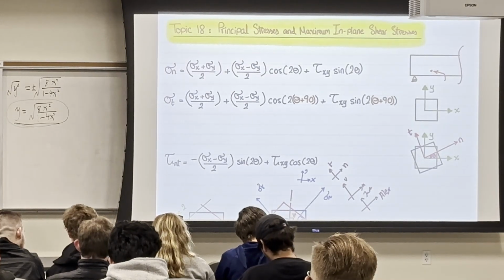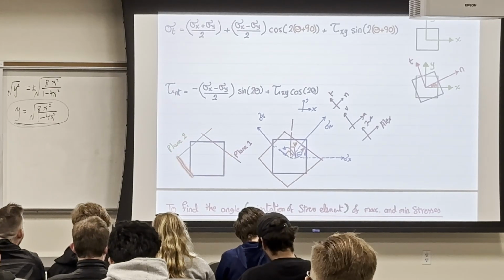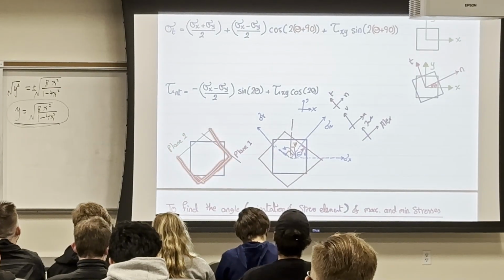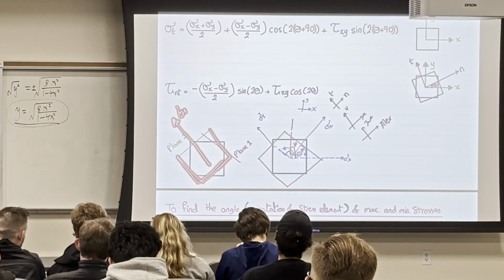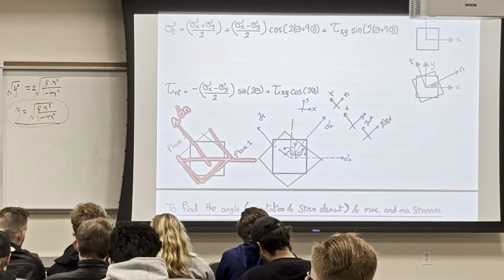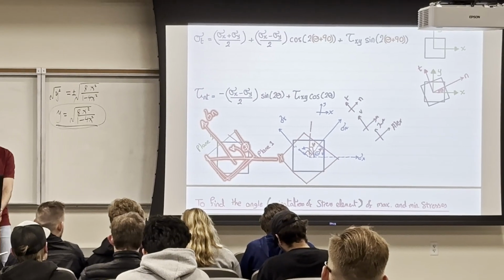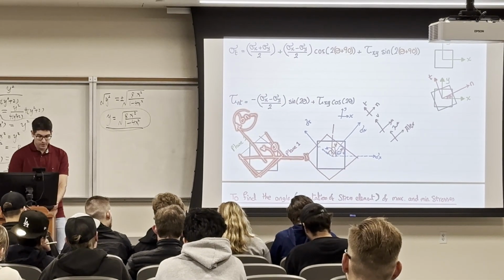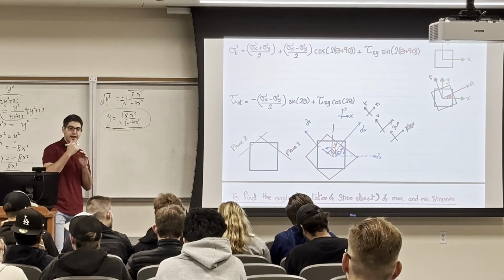For plane 2, you're going to do the same thing. You're going to draw an element that's rotated about this, and you're going to draw a stress that comes out of that element. I'm going to call it n again. And you want to find the theta from the x. Because if you remember how we derived this sigma n equation, we agreed that this theta should start from the x.